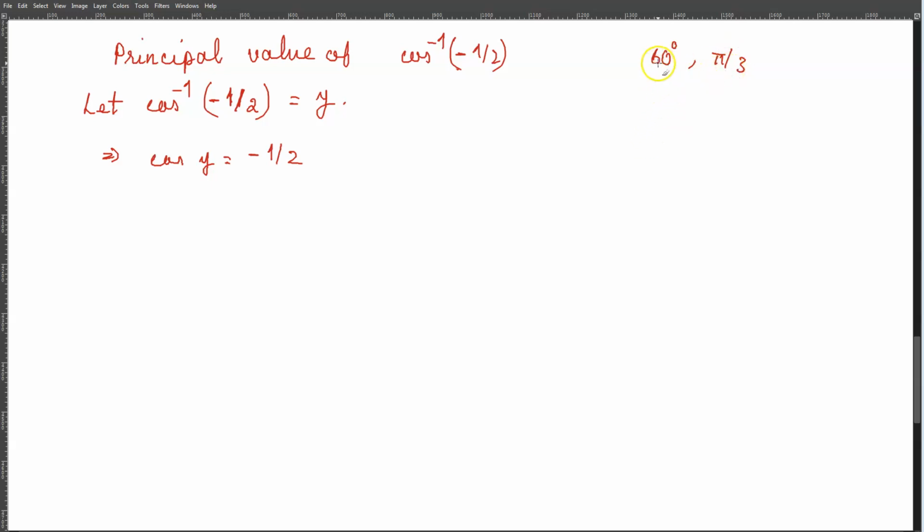When it comes to 30 degrees or pi by 6 radians, sine of pi by 6 is equal to 1 by 2, and cos of pi by 6 is equal to square root of 3 by 2.